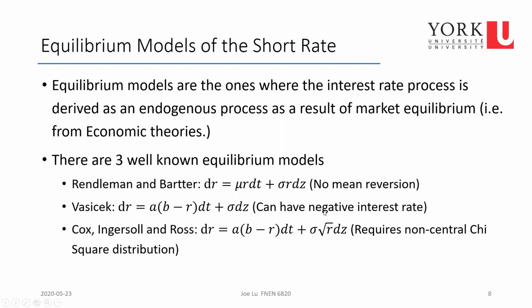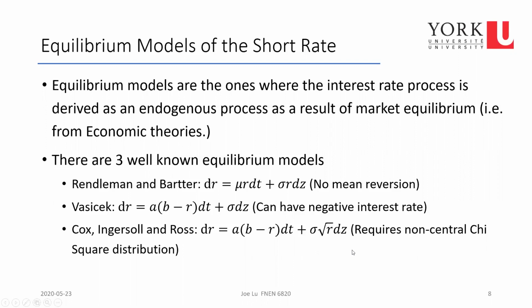Now, the problem with Vasicek's model is that it can actually give negative interest rates. Whereas if you look at this Rendleman and Bartter one, because it's a log normal process, interest rate will never be negative, but interest rate could be negative under Vasicek, which is not something totally impossible, but like hyperinflation, negative interest rate is probably not something sustainable for a long period of time.